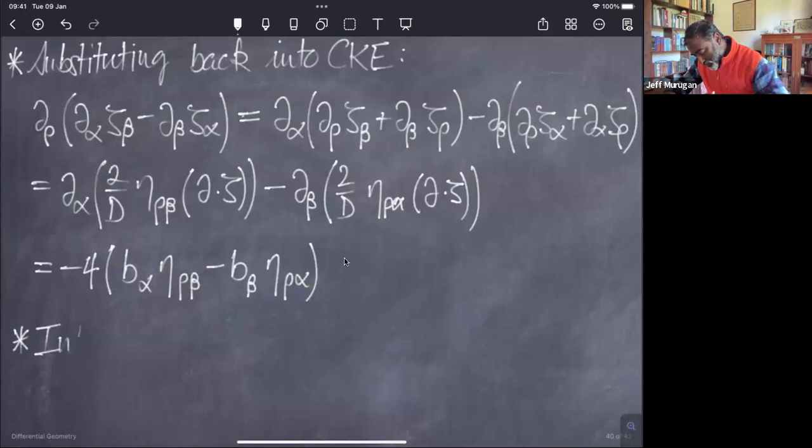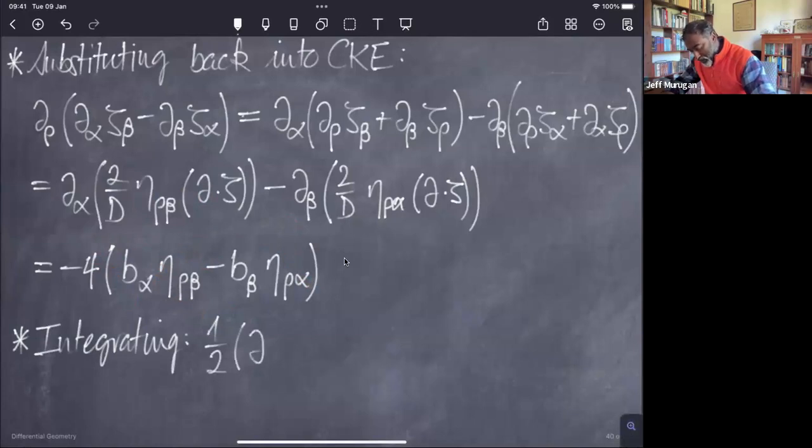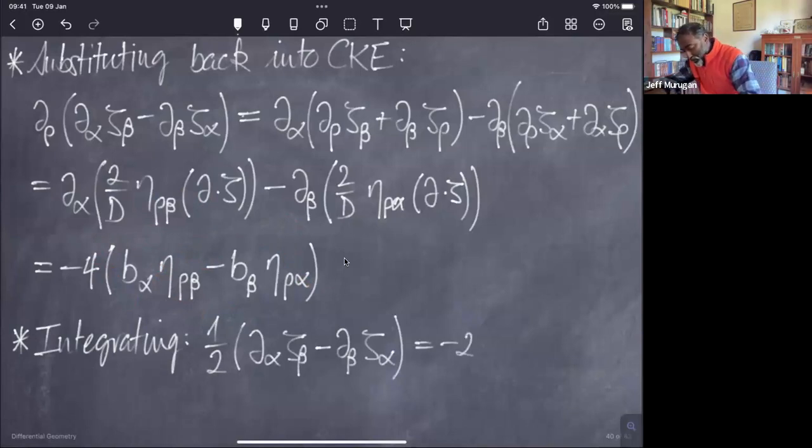So integrating, I find that a half of d alpha zeta beta minus d beta zeta alpha is minus 2 b beta alpha x beta, b alpha x beta minus x alpha b beta plus some omega beta alpha.